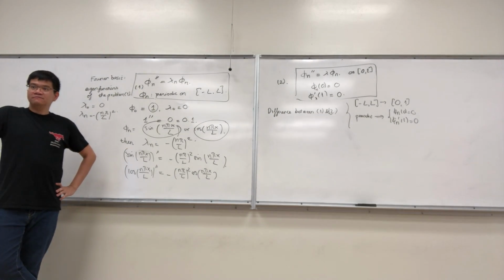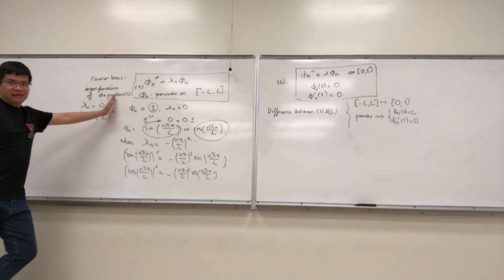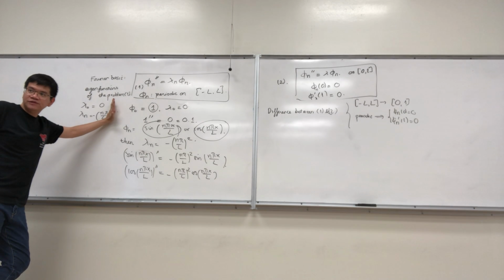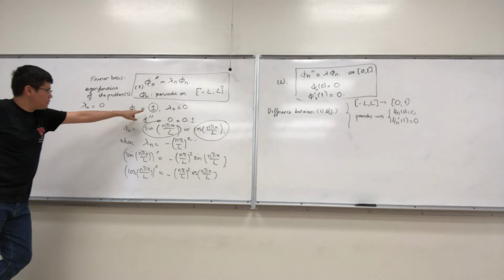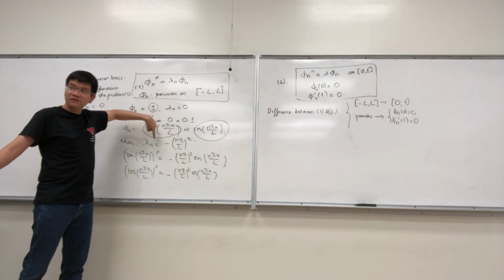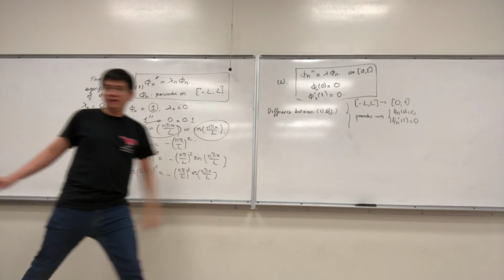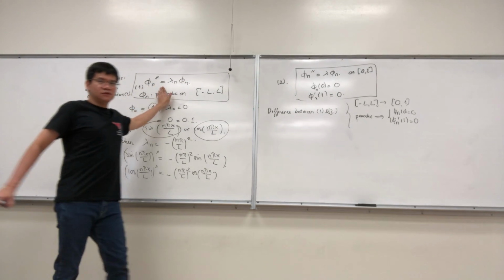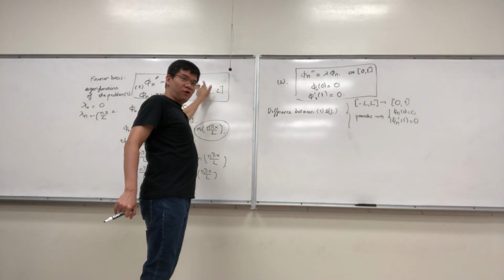Is it clear? Let me explain again. In the previous lecture, we were trying to study the Fourier series. The Fourier series is composed of the function 1 and the functions sine and cosine, right? The function 1 and cosine and sine are eigenfunctions of this problem.